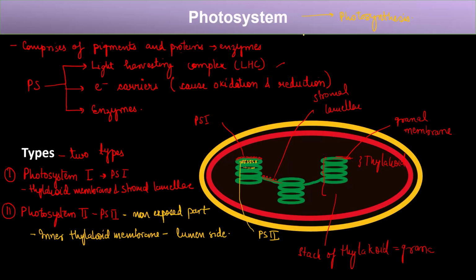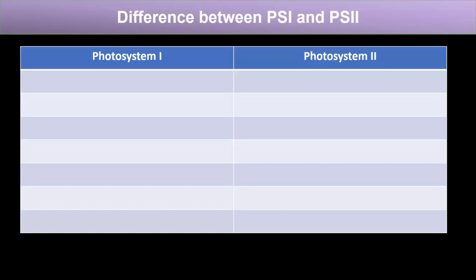Now, let's see what the difference is between photosystem 1 and photosystem 2. First of all, let's talk about why they are named 1 and 2. The photosystems are named in the order of their discovery, which means photosystem 1 was discovered first.